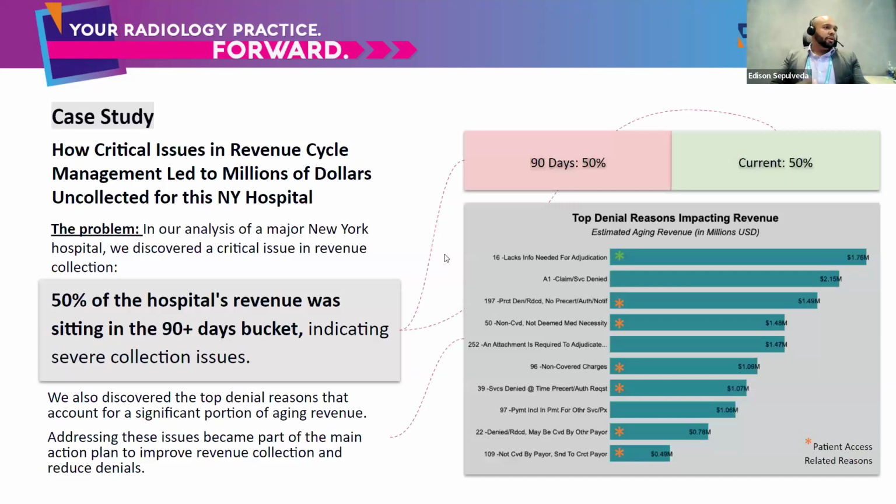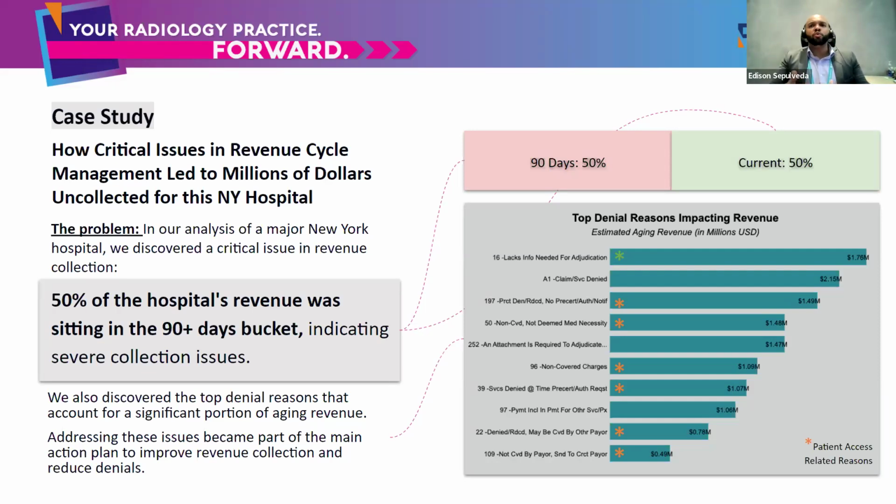And I mentioned earlier that I was going to bring a very powerful case of how patient access can translate into significantly improving your revenue collection in revenue cycle management. And this is a real life case of a New York hospital, where when we came in, we saw that there were significant issues.